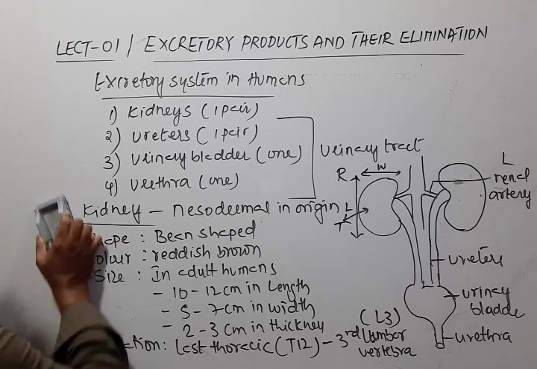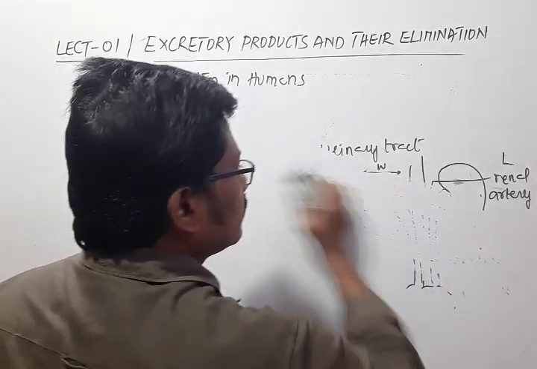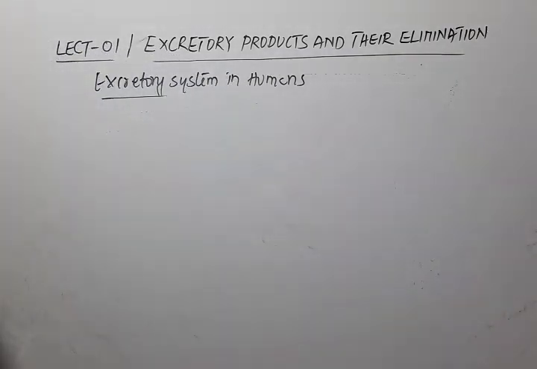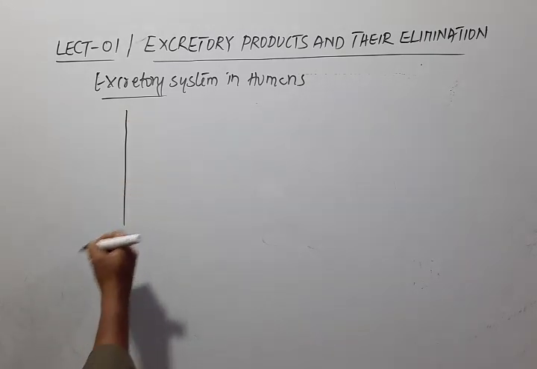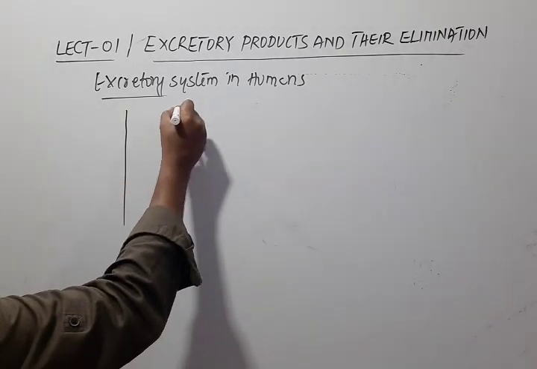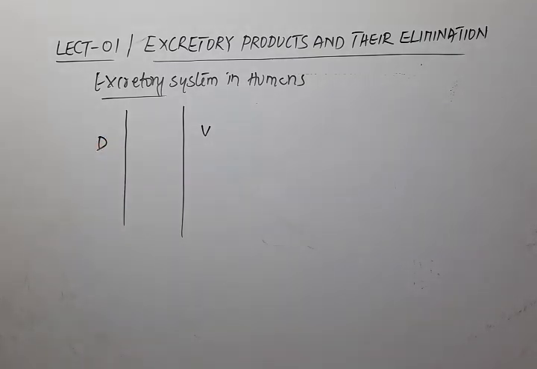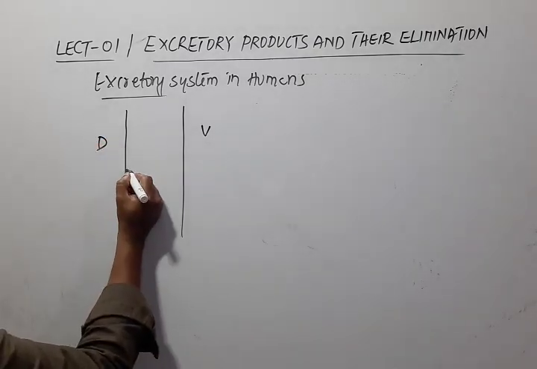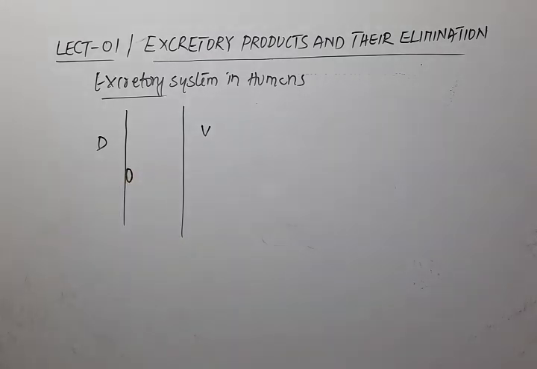Now, say this is the dorsal side and the ventral side. As I said, the kidneys are very close to the dorsal wall, extending between the T12 to L3 vertebra region.